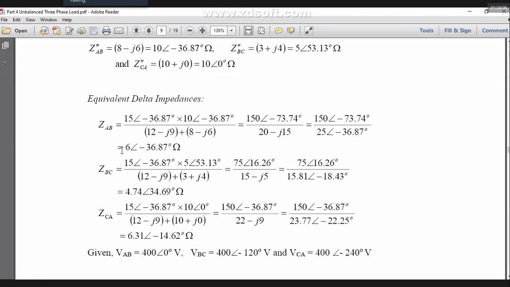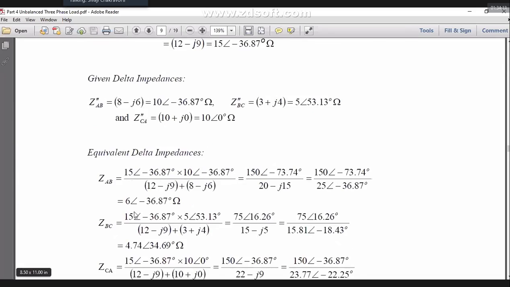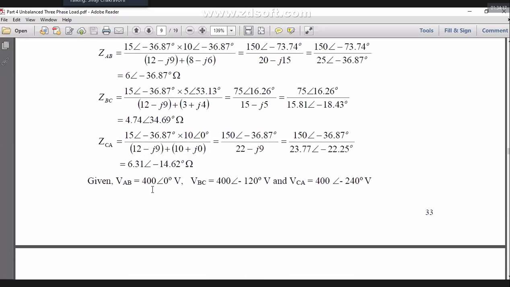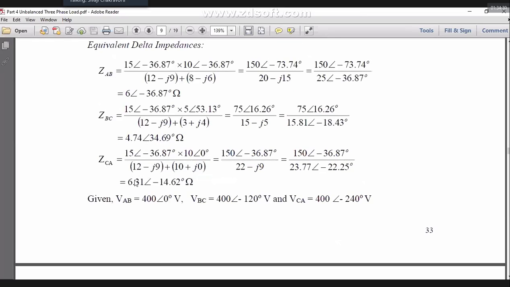But the question to be answered is, because I now have two star connections, whether the neutrals of the two stars are at the same potential. The answer is, if they are balanced, yes, they will be at the same potential. But if they are unbalanced, they will not be at the same potential.